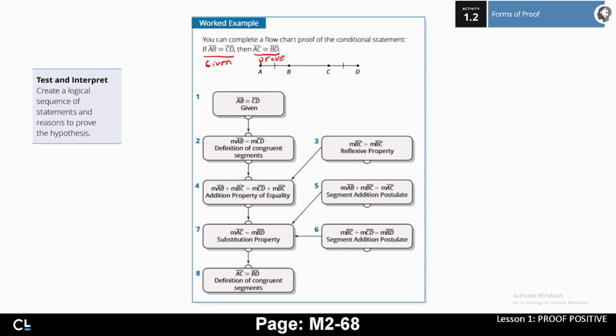For 5 and 6, we say that AB plus BC just means it's AC, right? AB plus BC equals AC. That's our segment addition postulate. And then BC plus CD is equal to BD. So basically, this first chunk is equal to AC, and this second chunk is equal to BD.